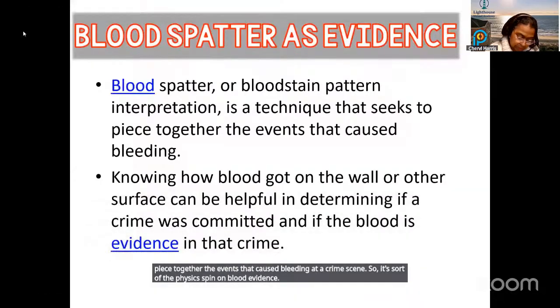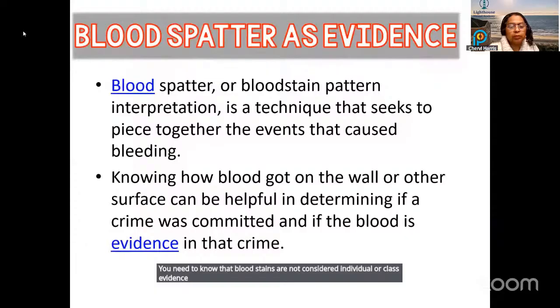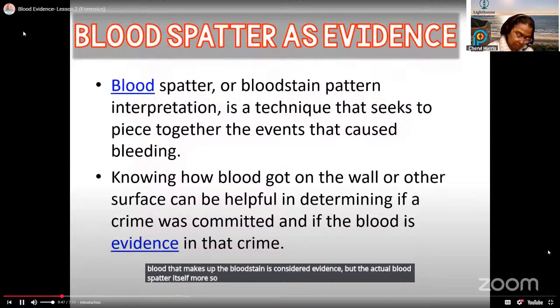You need to know that blood stains are not considered individual or class evidence. In fact, they're not really considered evidence at all. Now, the blood that makes up the blood stain is considered evidence, but the actual blood spatter itself more so tells the story of what took place at the crime scene that particular moment.